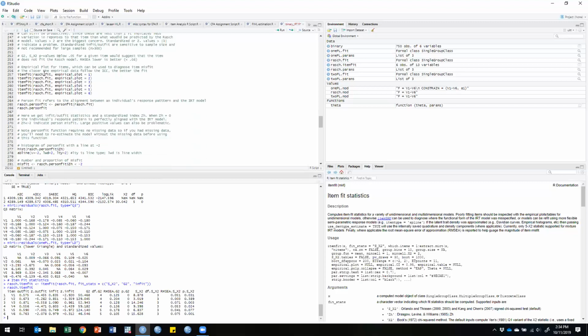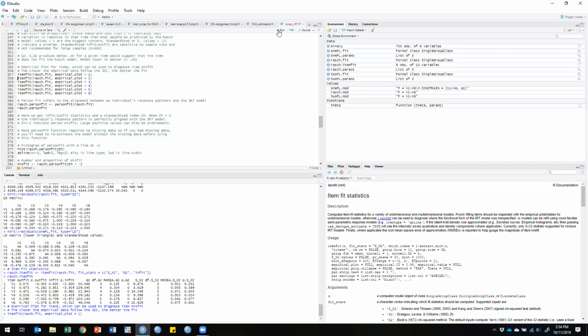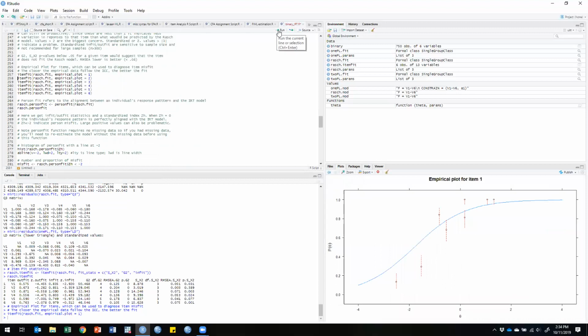You can read up a little bit more about these different fit statistics. A lot of times, you also see people looking at empirical plots of the items. This gives you an idea that if the data fit the model, then the empirical data points would fall along that item characteristic curve. We can see for item 1, even with these confidence intervals, most of them aren't hitting the line.